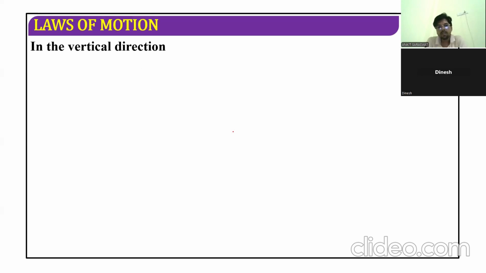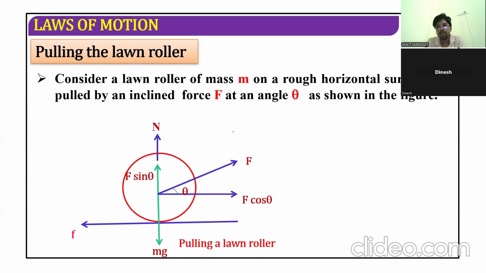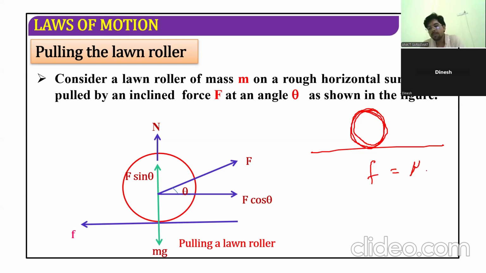Since it is a roller, which friction will be here? Rolling friction. Sir, you didn't teach rolling friction. It is a roll. When any wheel is going to roll, then which friction? Rolling friction. In place of mu s, it is mu r, the coefficient of rolling friction.